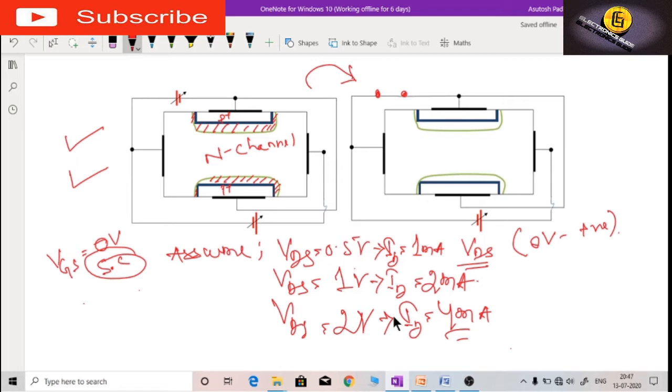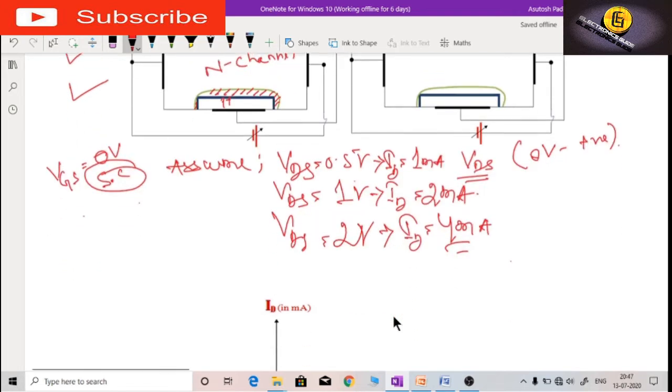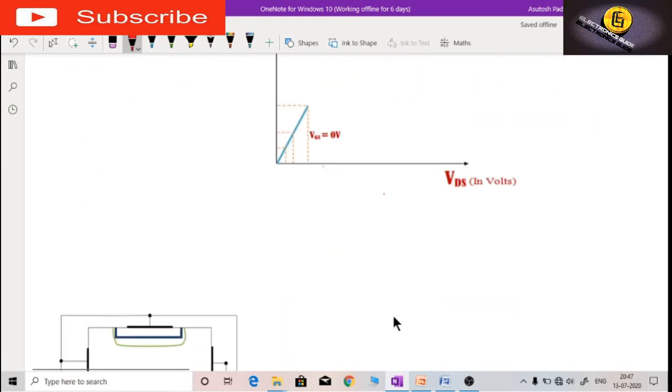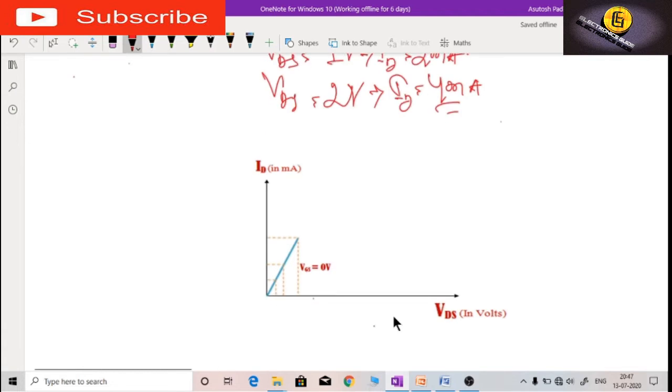If we plot this data in a graph of VDS versus ID, the figure will look something like this. In this figure, the x-axis represents VDS and the y-axis represents the current ID. This point is 0.5 volt, this is 1 volt, this is 2 volt, then this is 1 milliampere, this is 2 milliampere, and this is 4 milliampere.